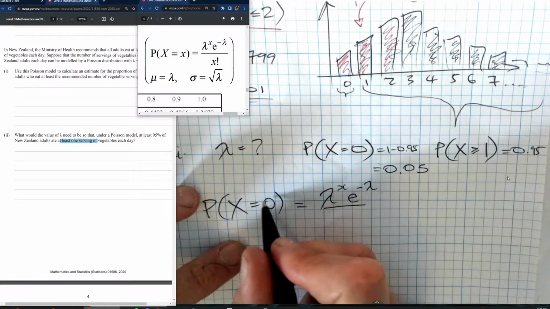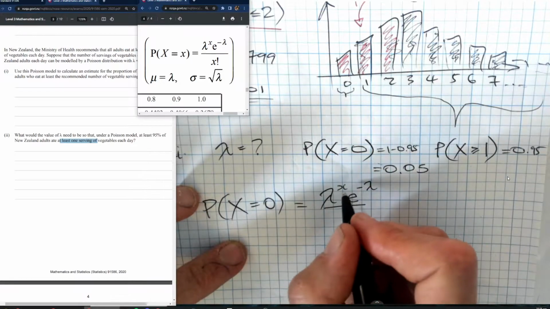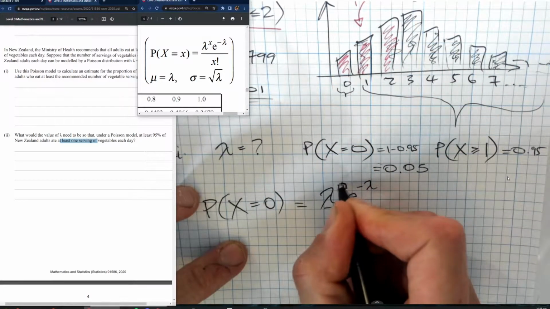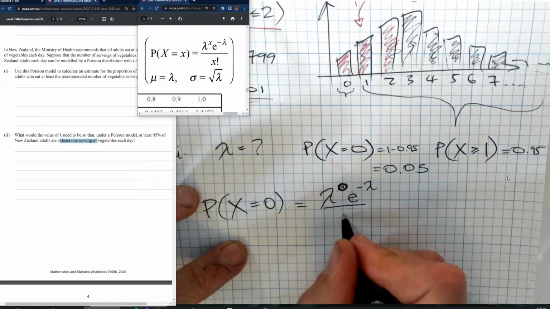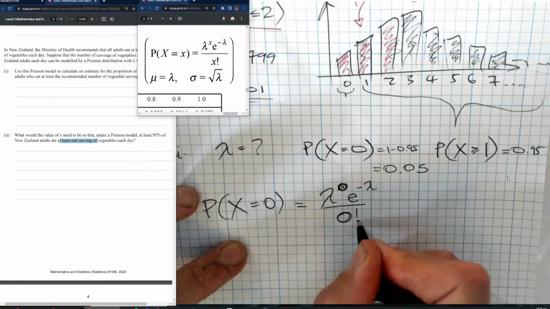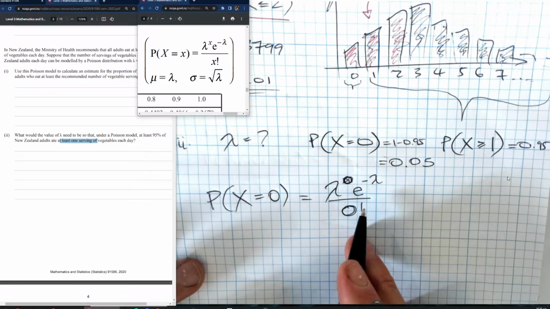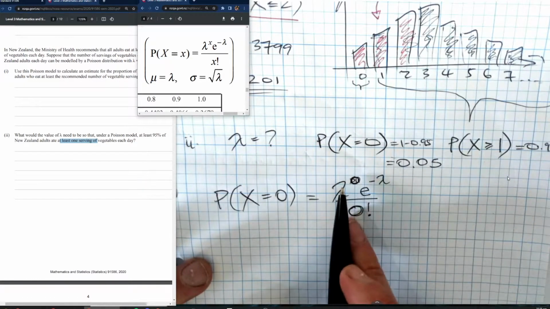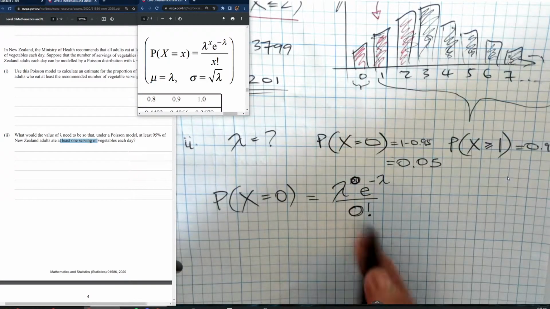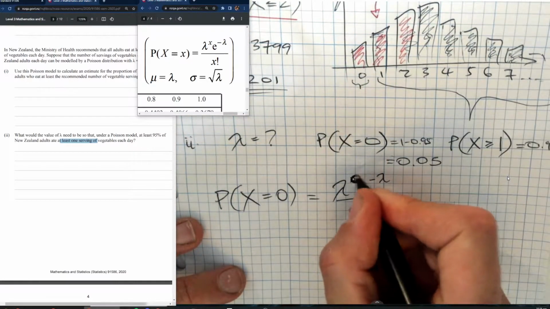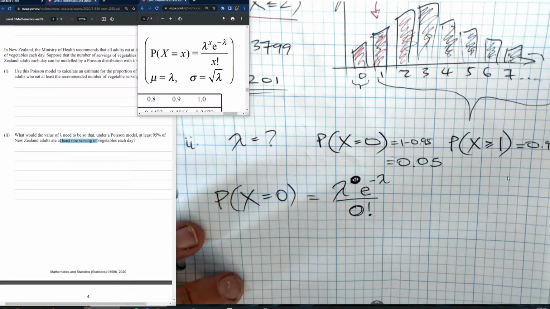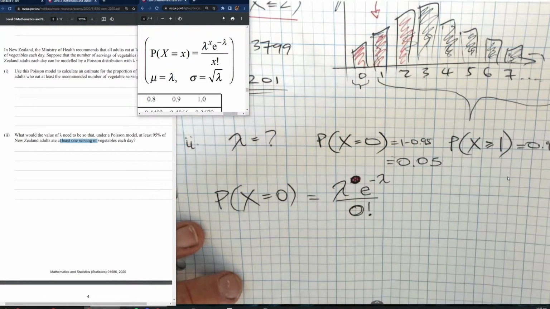We now know that little x is 0, so I'm going to make that little x 0, and it's over 0 factorial. This is also little x, this is little x, and this is little x. So this is nearly enough information. I didn't make that 0 clear enough, so I'll colour it in there.